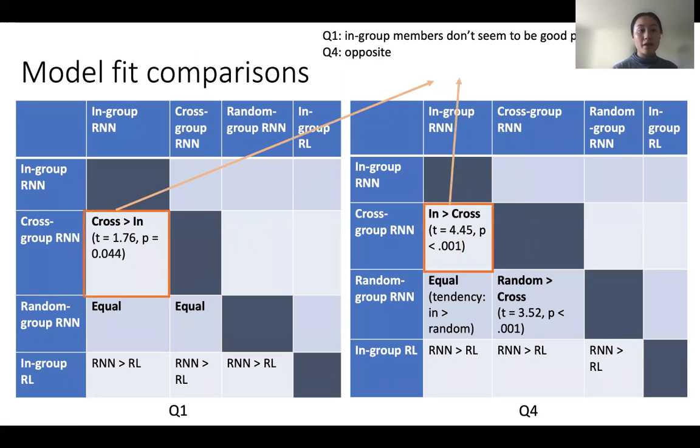And also by comparing in-group versus cross-group RNNs, we can see that for Q1, the cross-group actually does better than in-group, which suggests that people in Q4 might actually fit people in Q1 better than other people in Q1. Whereas for Q4, it is the opposite. So other people who had similarly severe depression fit their behavior better than someone from Q1.